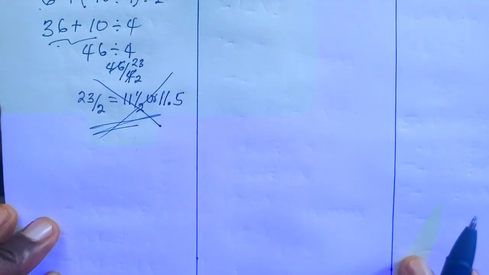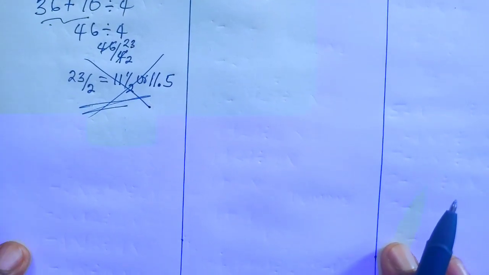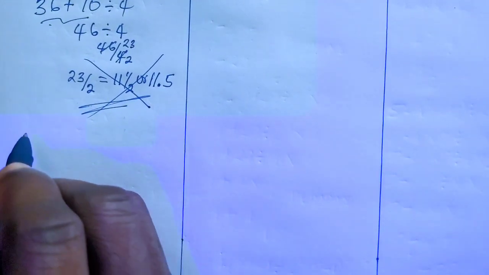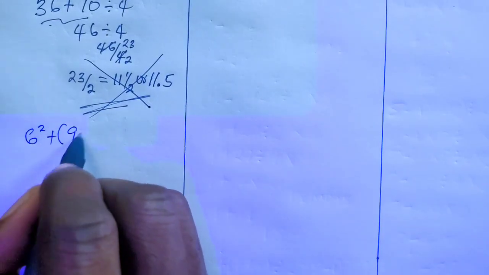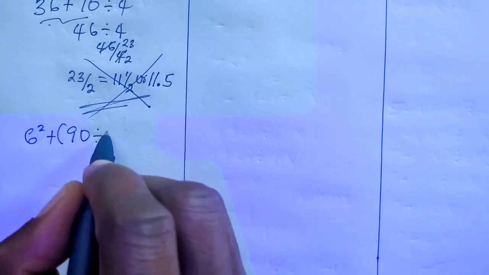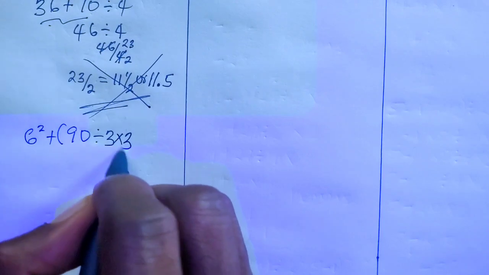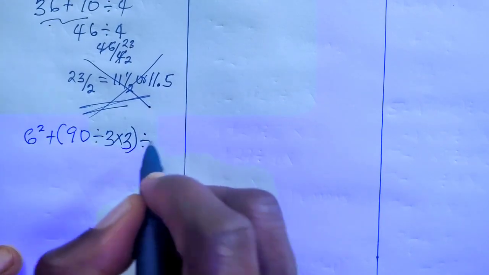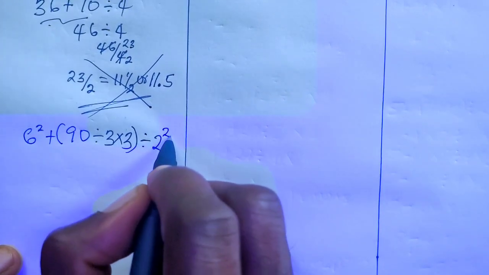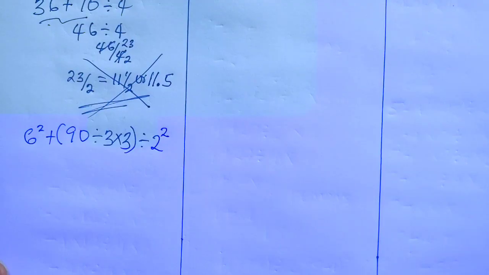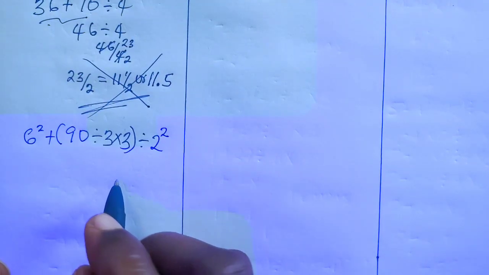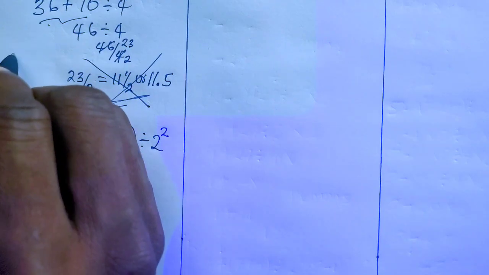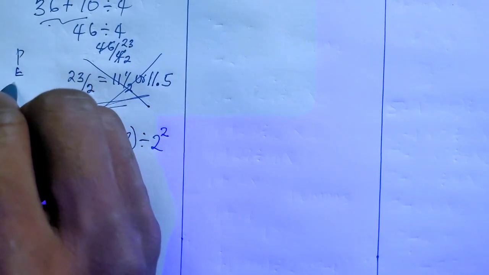Now, to simplify this correctly, we are going to have this 6 to the power of 2 plus, in parentheses, 90 divided by 3 multiplied by 3, then divided by 2 to the power of 2. First, we are going to use this rule called PEMDAS.